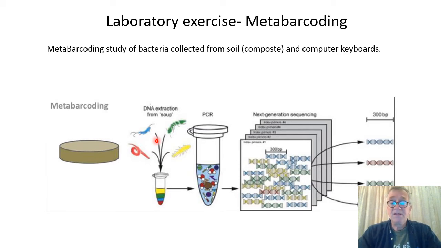We use PCR, this DNA amplification technique, to amplify a specific gene, just a small region of the genome, not the entire genome. Then it would be called metagenomics. But metabarcoding is looking at a specific gene region in the genome of the organisms.